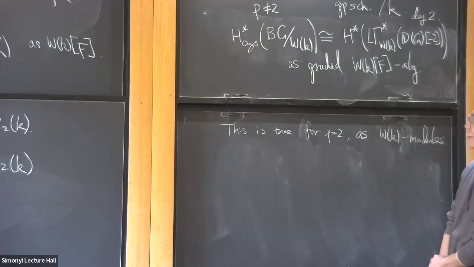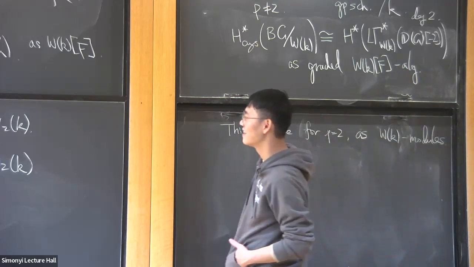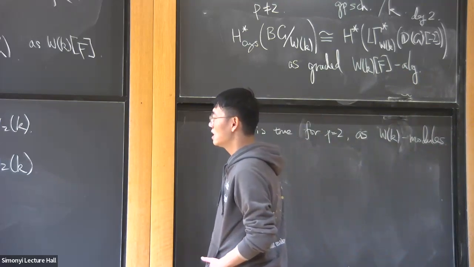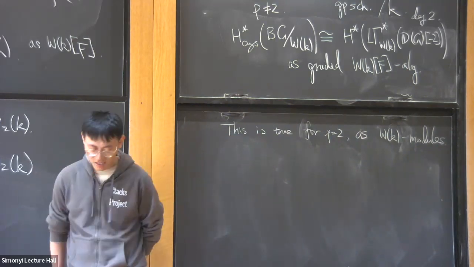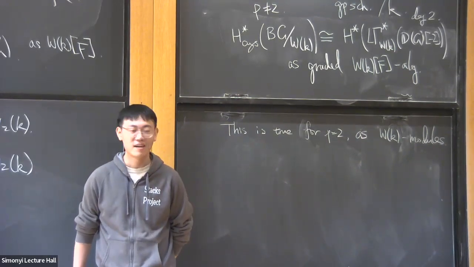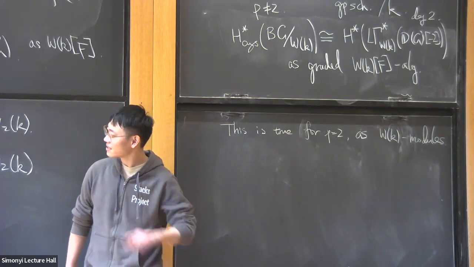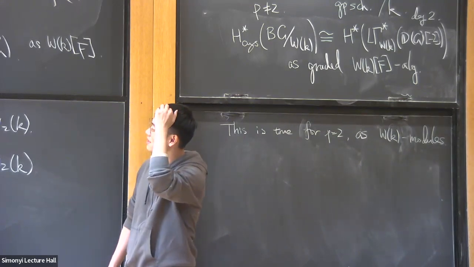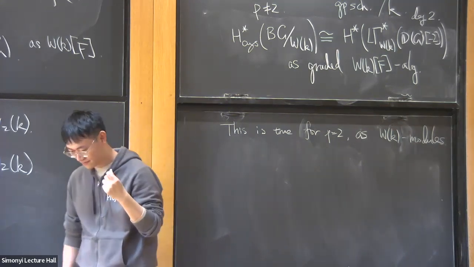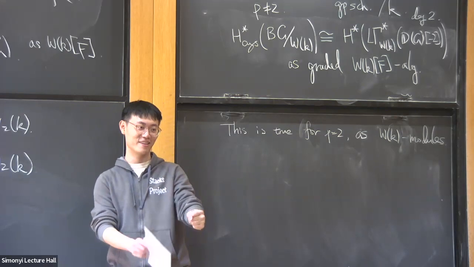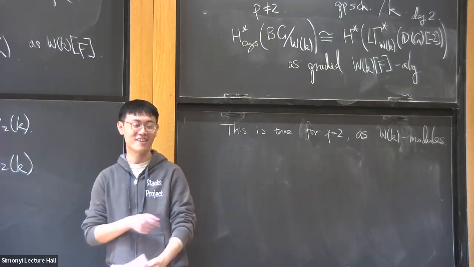So back there, is it true that such a G also lifts all the way to WK? Good question. I don't know. Yeah, I guess I just don't know. I also cannot immediately think of any counterexample.